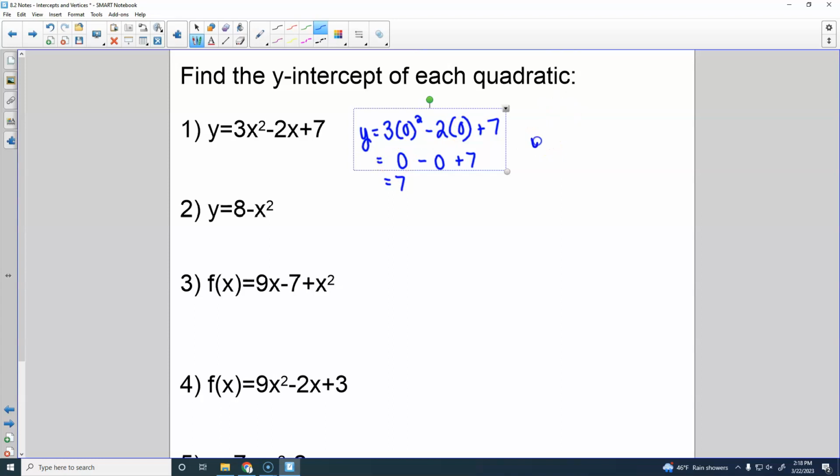So my y-intercept for this one would be, sometimes you'll see it just given as y equals 7. A lot of times, though, you'll see it as coordinate points, so 0, 7, because you plugged in x was 0, and the y is 7. Okay, try these others. Same thing, you're just going to plug in 0 for your x.